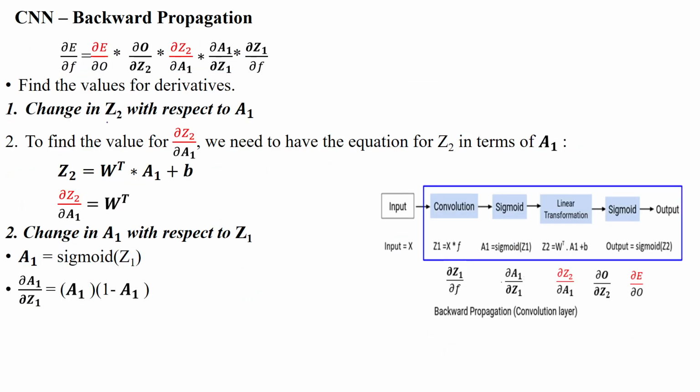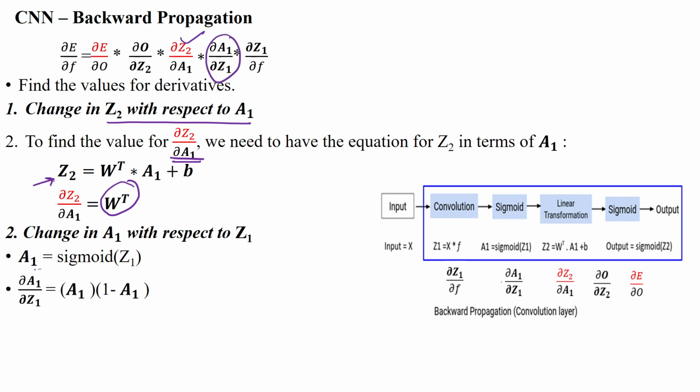Now dou g2 with respect to dou a1. When you apply partial differentiation to this equation, you will get this output for dou g2 by dou a1. Then the next term, dou a1 divided by dou g1.